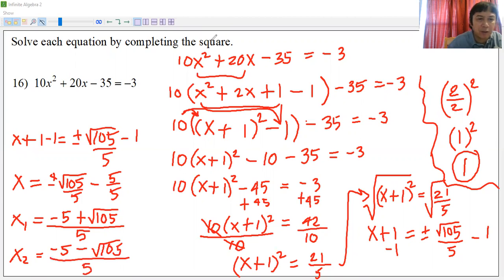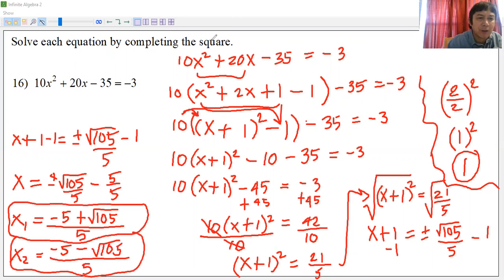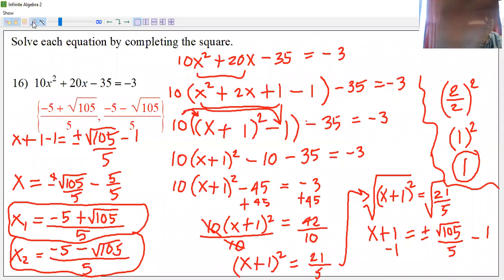This will be our x1 and x2. This is our x1 over here, and this will be our x2. Let us verify the answers. It's negative 5 plus the square root of 105 over 5 for the first one. The second root is negative 5 minus the square root of 105 over 5. That should be it. So these are the right answers.